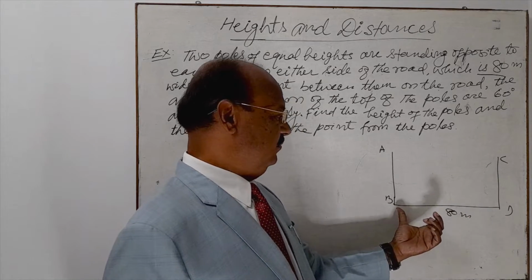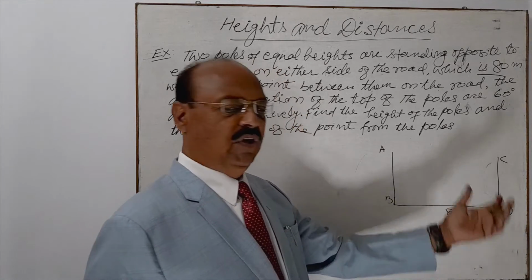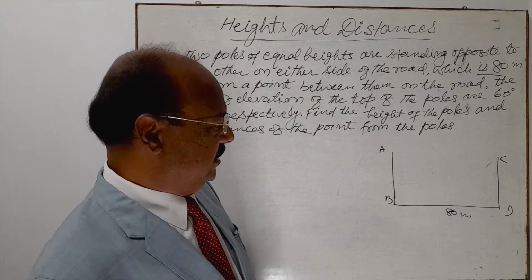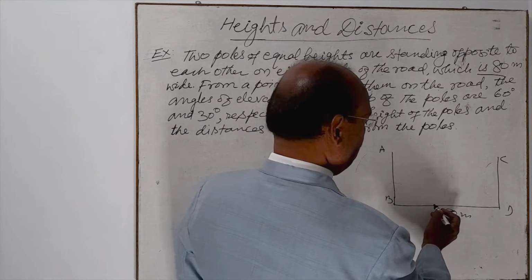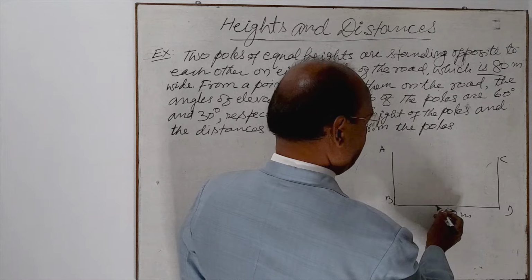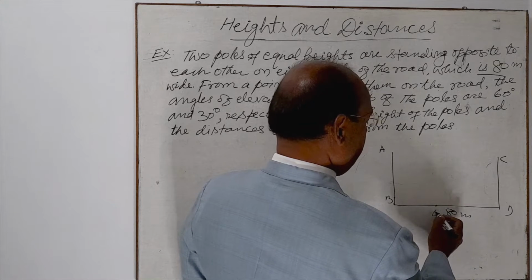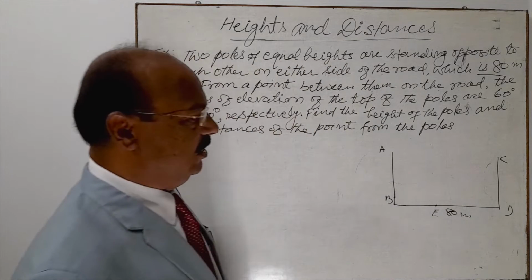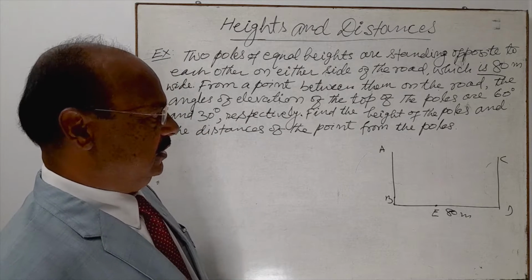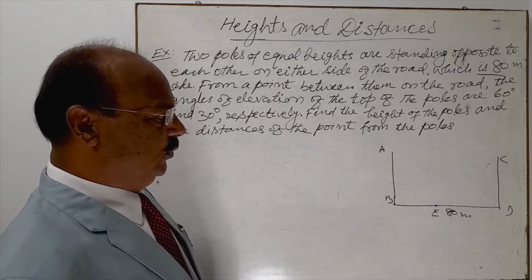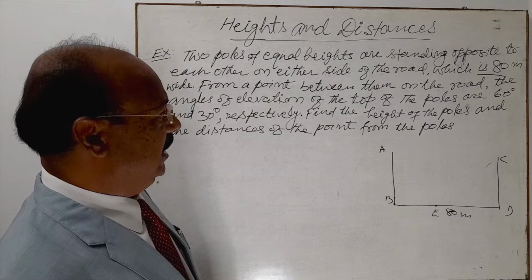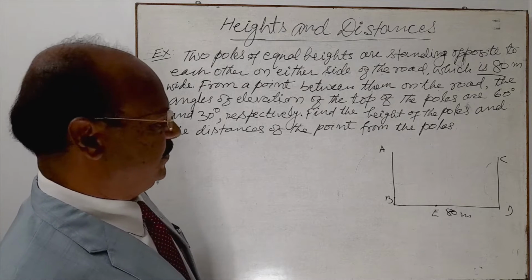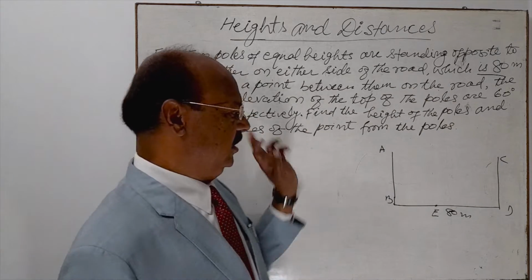Means distance of foots of these two poles is 80 meter. And there is a point between B and D. Suppose point E is here, such that angle of elevations of top of the poles are 60 degree and 30 degree respectively.